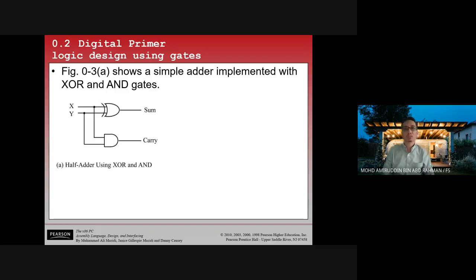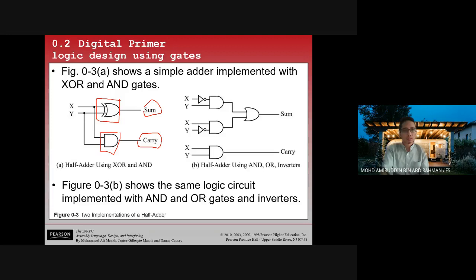The circuit diagram is like this. You have X as an input and Y as an input. The result using the XOR gate gives you the sum, and when the inputs go to the AND gate, you get the carry.